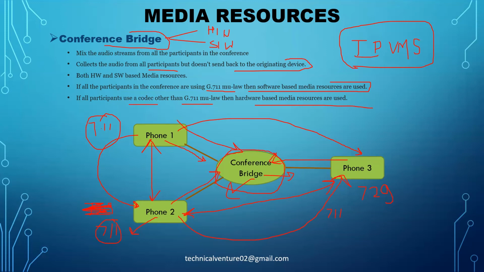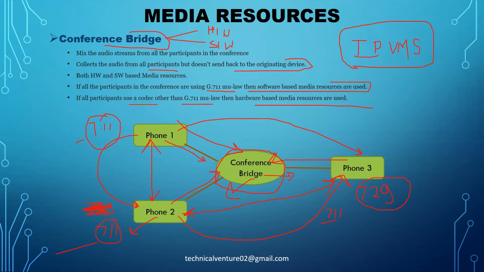So far we were discussing the same codecs: G711, G711, G711. Now let's suppose phone 1 and phone 2 have the same codecs, but phone 3 is using G729. Phone 1 makes a conference to phone 3 and wants to add phone 3 to this call.